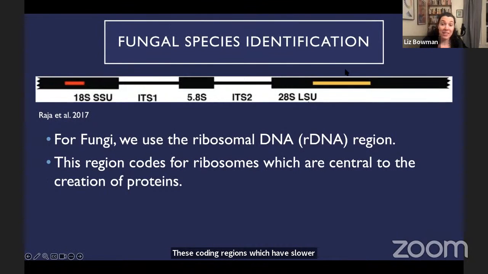If I were to use this region right here to look at species-level resolution, to determine whether these two fungi are different species, I wouldn't be able to, because there wouldn't be enough difference in the base pairs in these regions. I have to use these regions. But if I want to ask whether these are different families, then I could use this region. There's a lot of variation in this area, which is really good if you want to figure out whether things are the same or different.